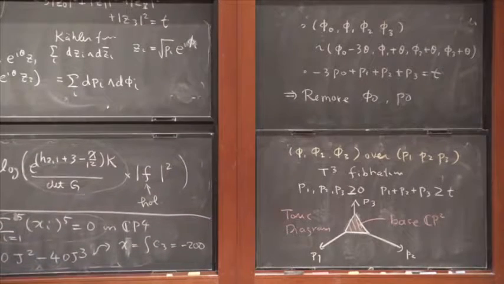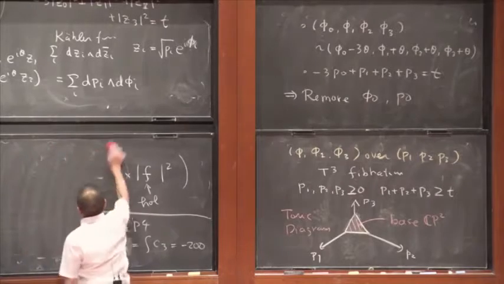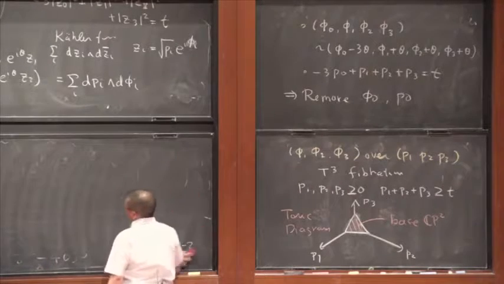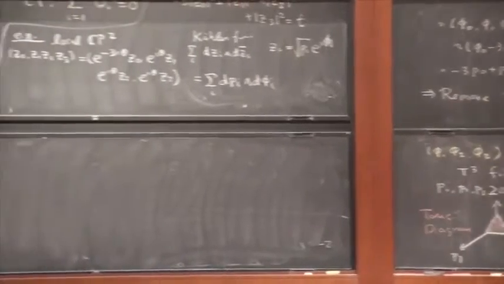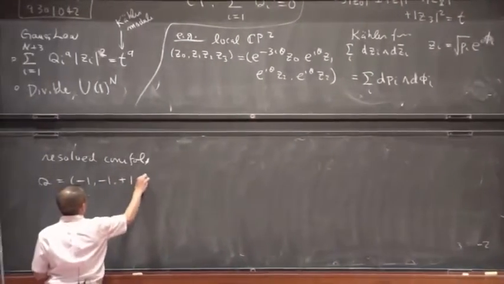So now, given these two, we can characterize other spaces. Basically what it says is that once you know the charge assignment, you can understand the geometry of the Calabi-Yau. For example, in the case of the resolved conifold, we have a Q given by -1, -1, +1, +1.